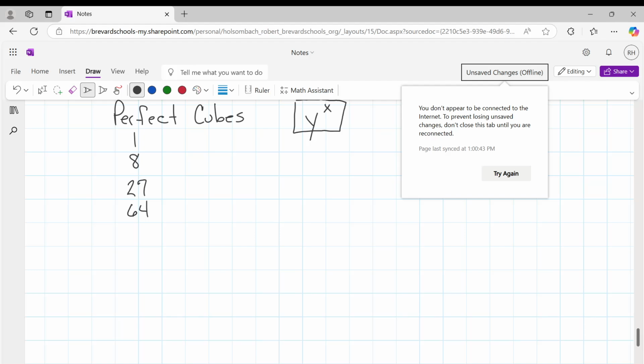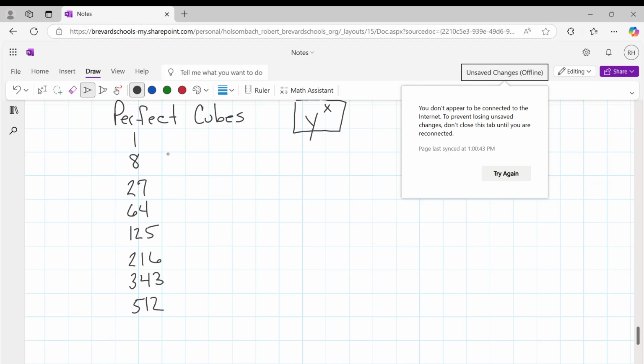5 raised to the third is 125. 6 raised to the third, 216. And then we'll go 7 raised to the third. It's 343. And 8 raised to the third, 512.